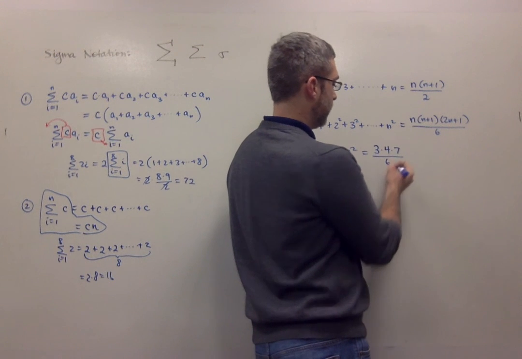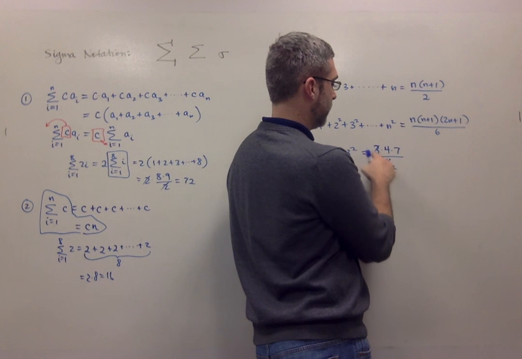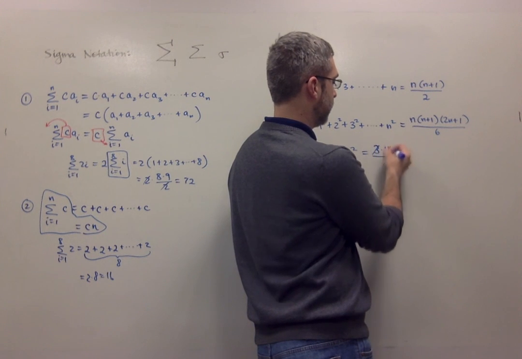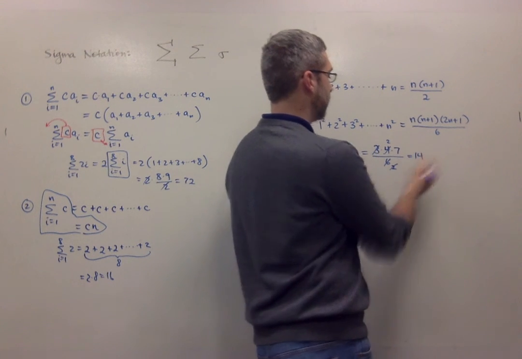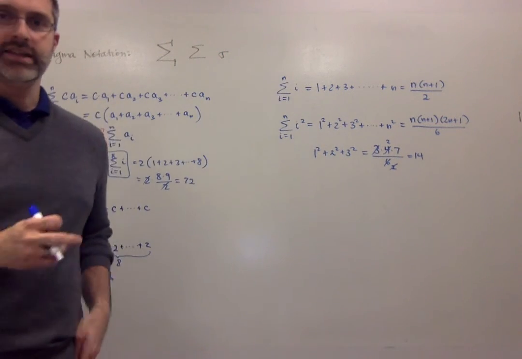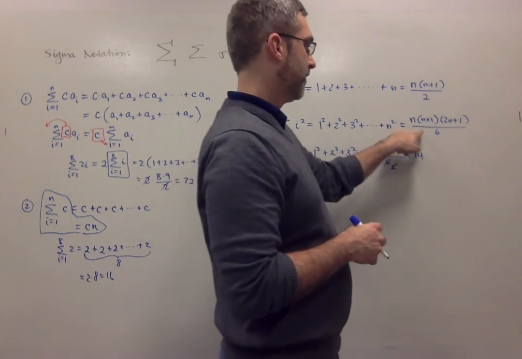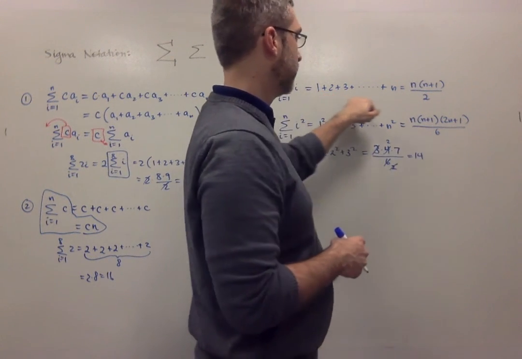Now I can cancel a 3 and I would get a 2 down bottom. I can cancel that with a 4. So according to this, that should add up to 14. If you add those together, that will actually give you 14. So this is a way to add squares. This is a way to add regular numbers.